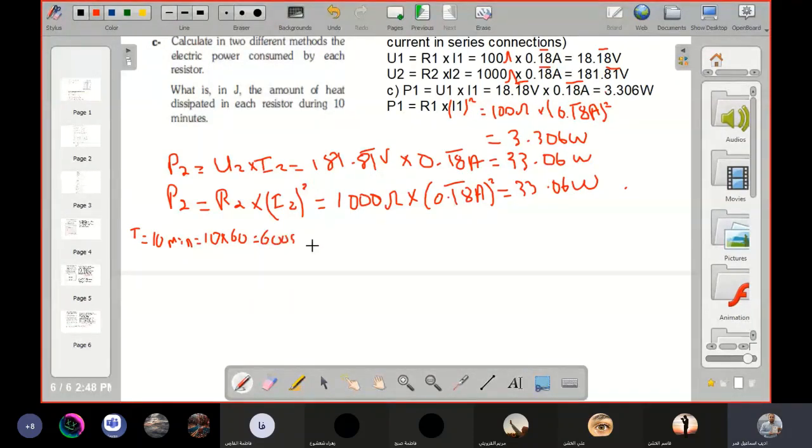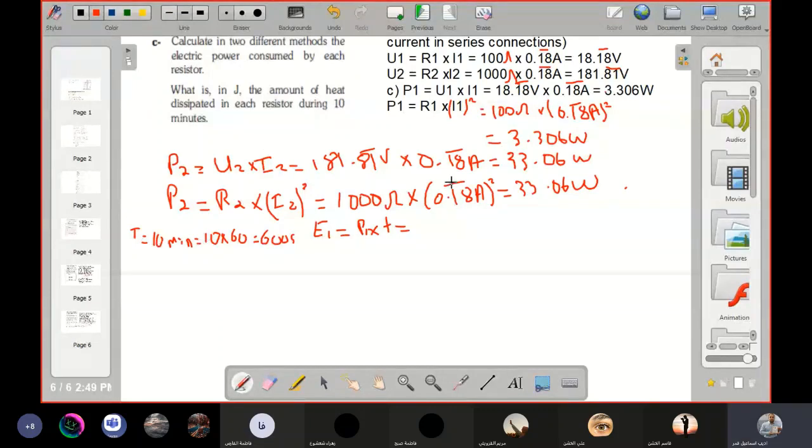Now E1 equals P1 times T1. We have only one time, which is 10 minutes.